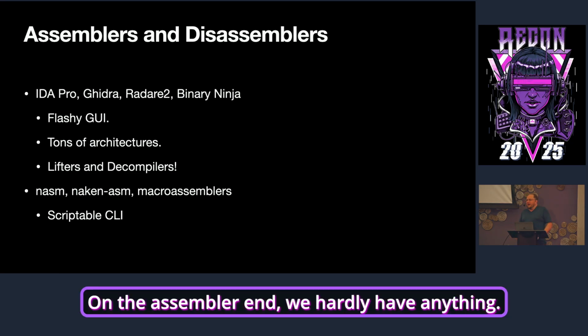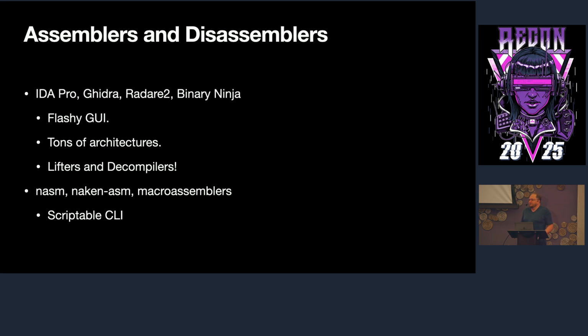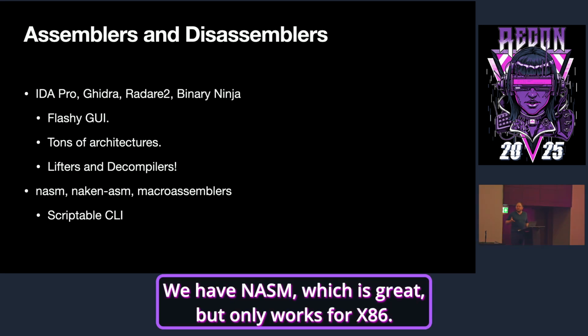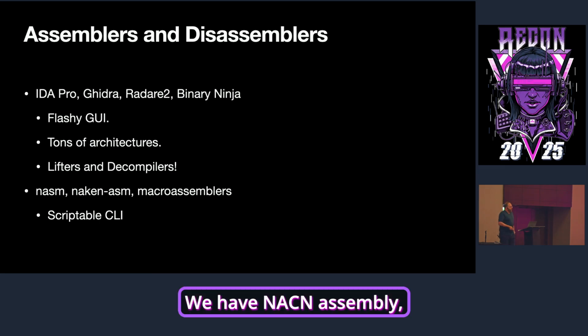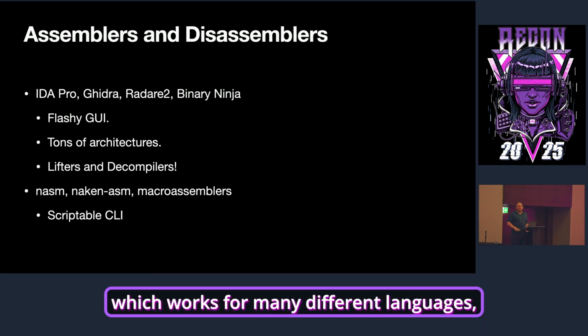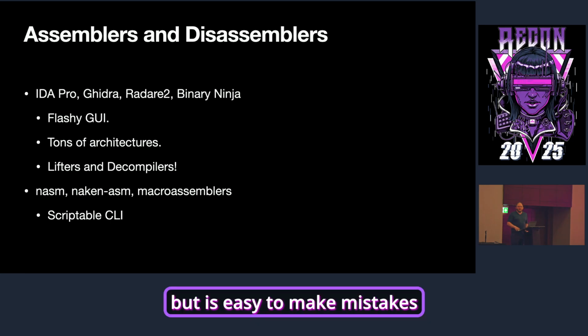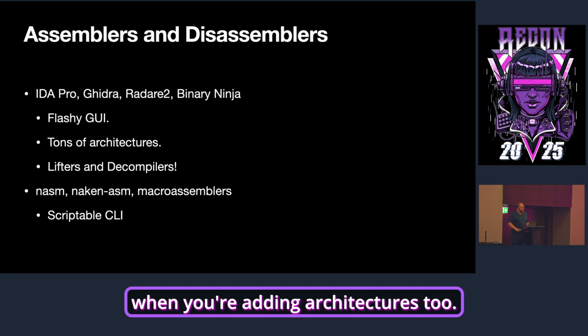On the assembler end, we hardly have anything. We have NASM, which is great, but only works for x86. We have Nakan assembly, which works for many different languages, but is easy to make mistakes when you're adding architectures to.